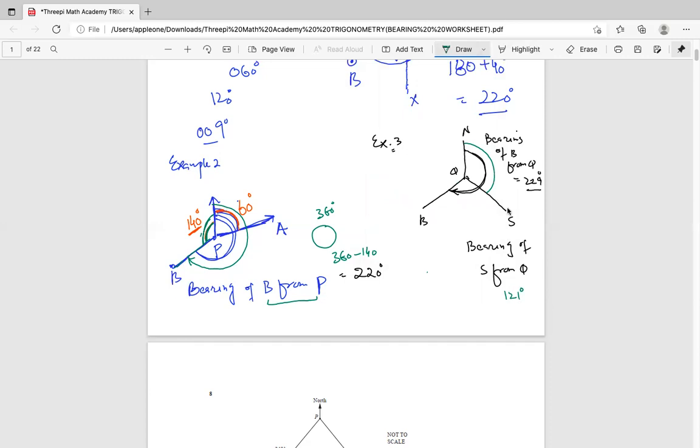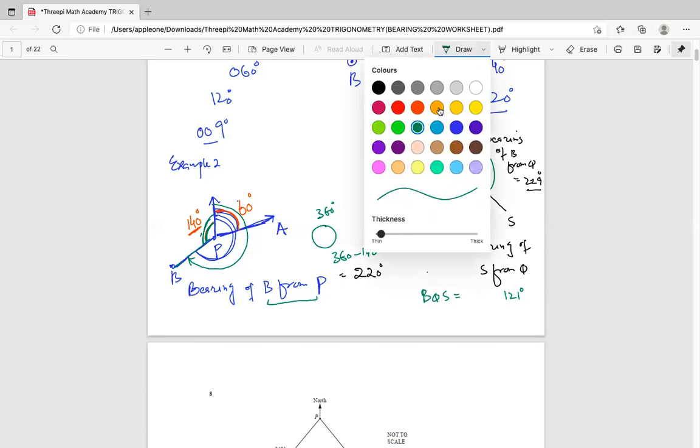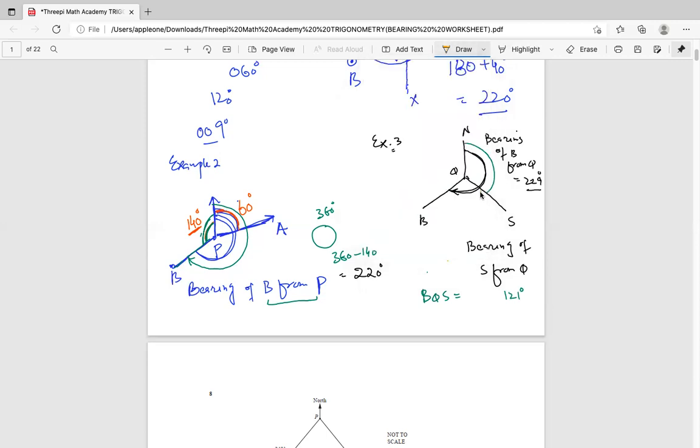Yes. So then they say, what is the angle BQS? Find this angle. I'm changing color. Look at this angle. This angle is required. Now, if you see, the black angle is how much? This total angle is 229.